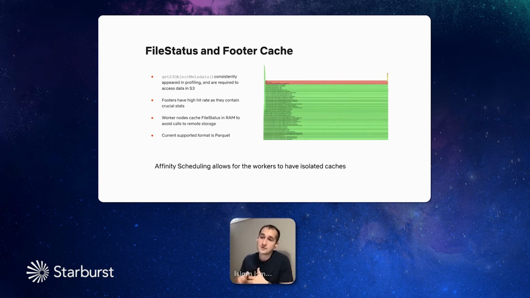So the hottest files are always in the cache, and the files that are accessed less often get evicted over time. It's an efficient strategy. Of course, this is possible with affinity scheduling, because every time you read that file, it's read from the same worker node, and that node usually already has the metadata in its memory cache. So it doesn't need to make that RPC call and introduce extra latency.